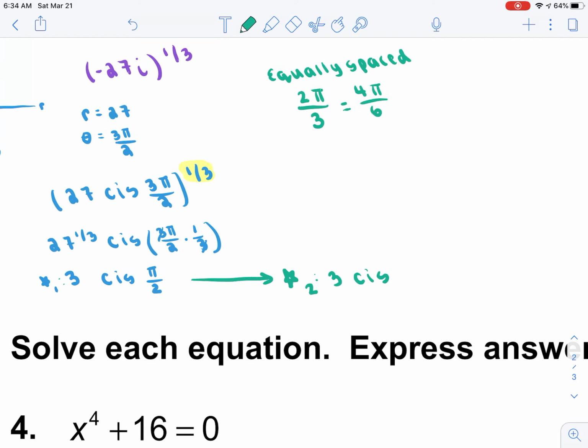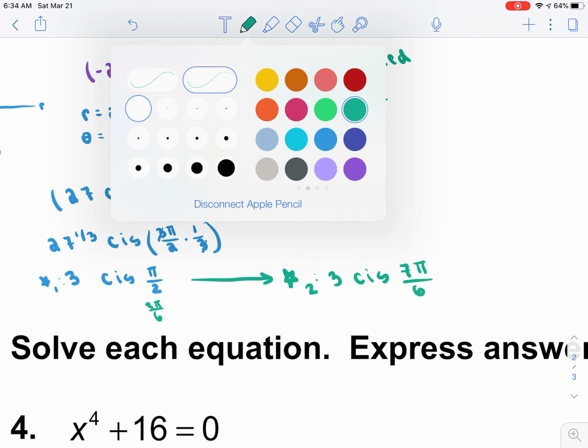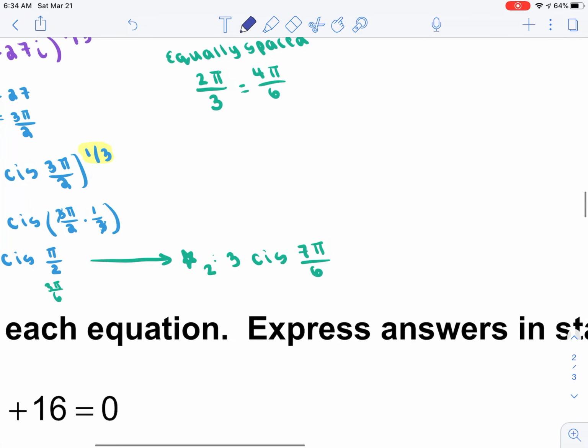And if you think about pi over 2, that would really be 3 pi over 6. So that means my next solution here is going to be 7 pi over 6. And then my final solution, if I add the 4 pi over 6, you're going to see that that's going to give me 11 pi over 6.